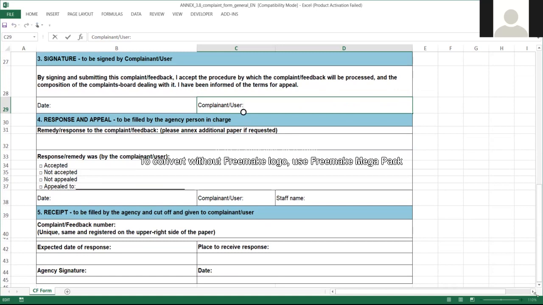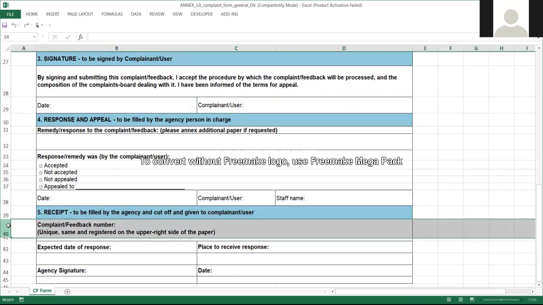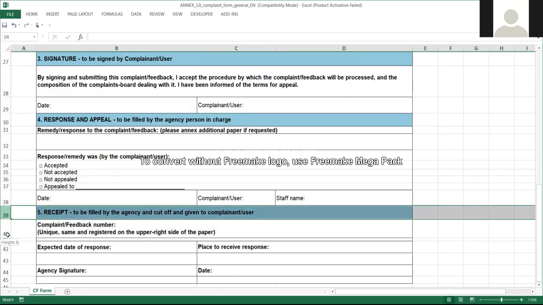When you have made this person sign the consent form, which is number 3, you detach this part from your paper and give it to the person.